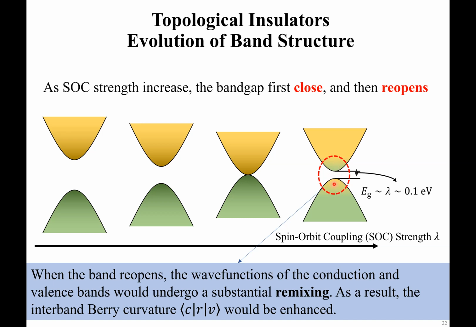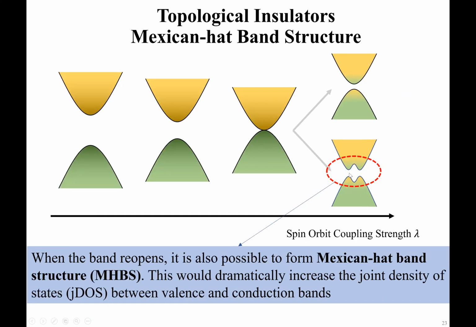And you will greatly increase the wave function mixing after this reopening. And also by choosing the crystal structure judiciously, the reopening can actually result in this kind of Mexican hat band structure, where instead of a point, you actually get a ring of a huge joint density of states.